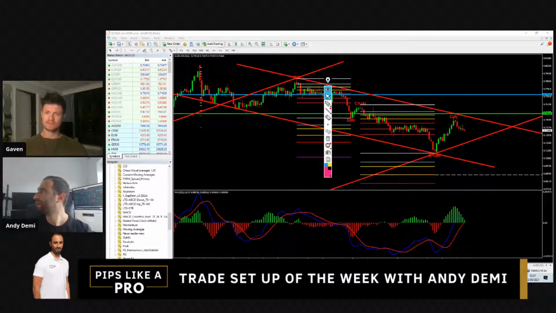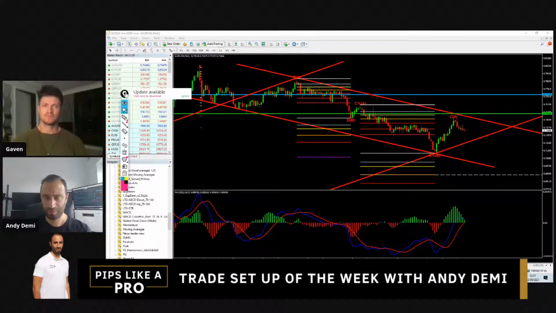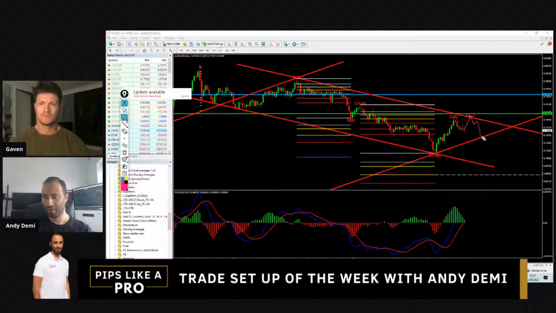You could wait for either a pullback where you're basically selling somewhere here. That would be good. Or you wait for the market to break through here and then you sell it on a pullback.